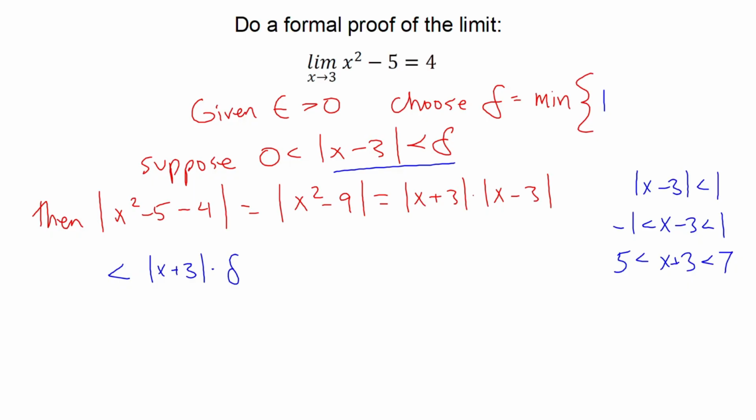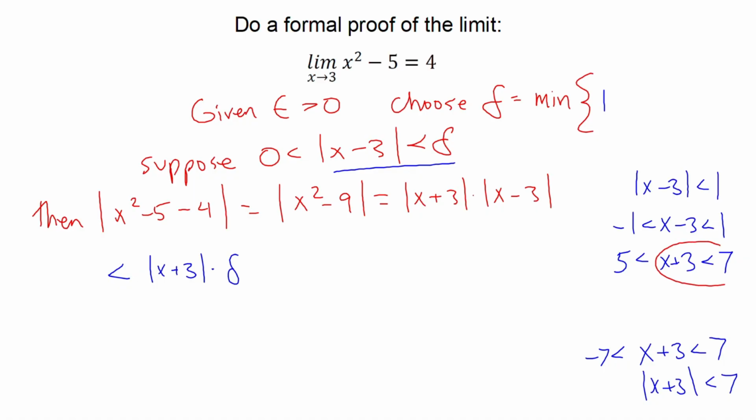And so this time, I think I should be able to see that if I had this statement, x plus 3 is less than 7 and greater than -7, that's the same as the absolute value of x plus 3 is less than 7. And that's exactly what we have here.